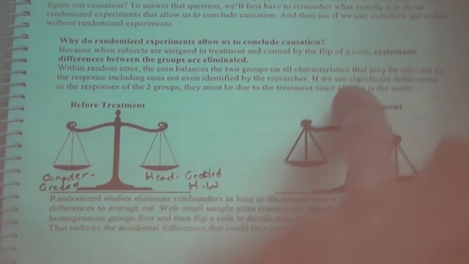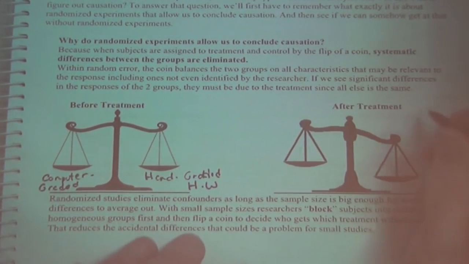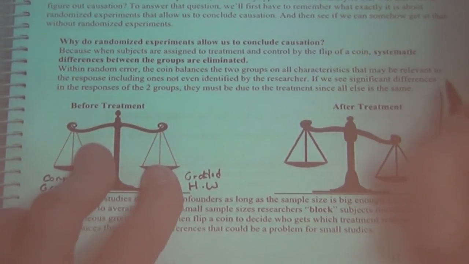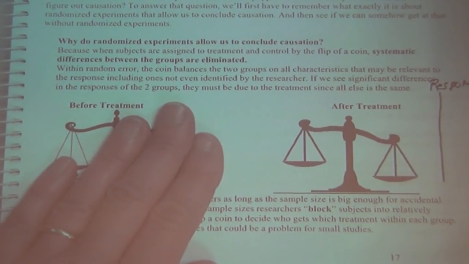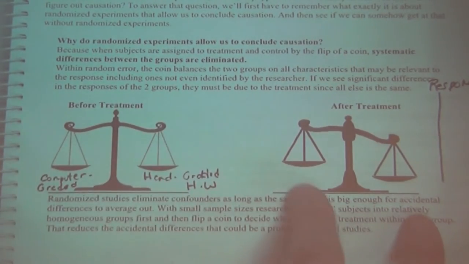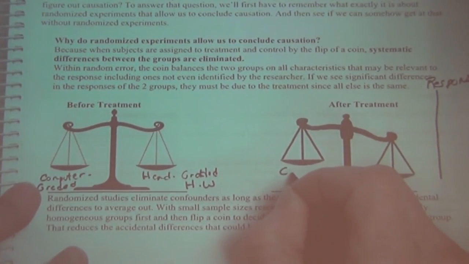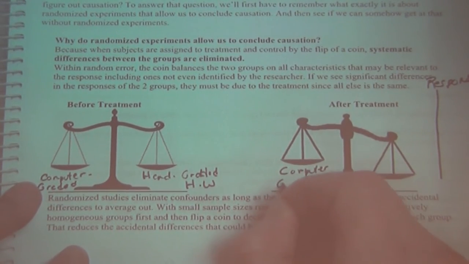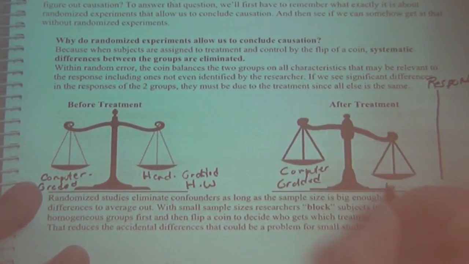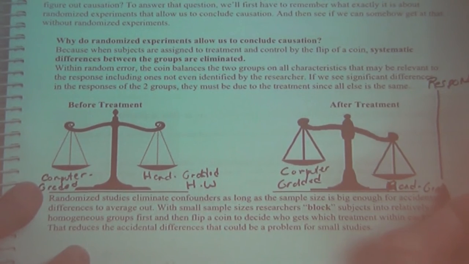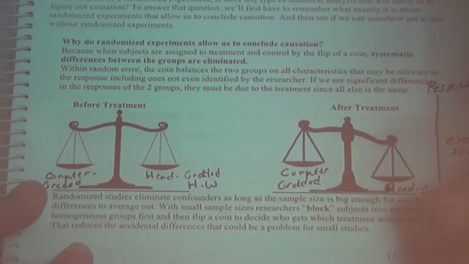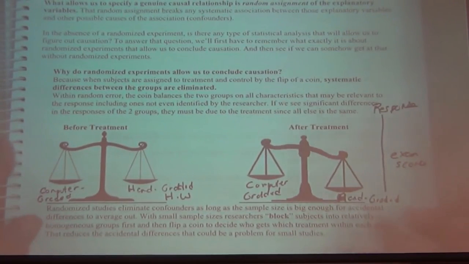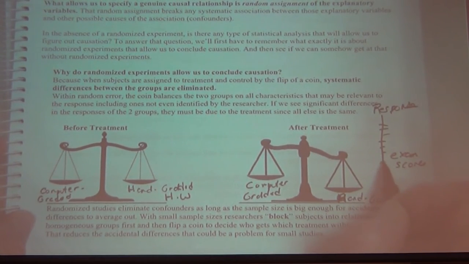So when I measure their response afterwards, you'll see the outcome, and if the computer-graded group has done much better on the exams than the hand-graded group, and what I was going to measure was the future exam scores, like the final and exam 3. I wasn't going to take the homework into account.